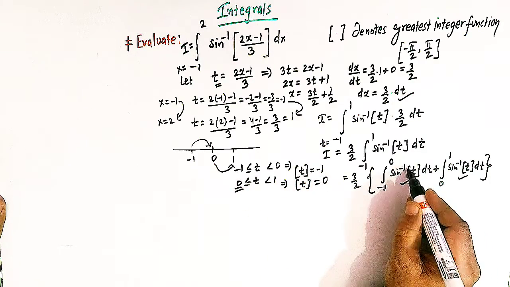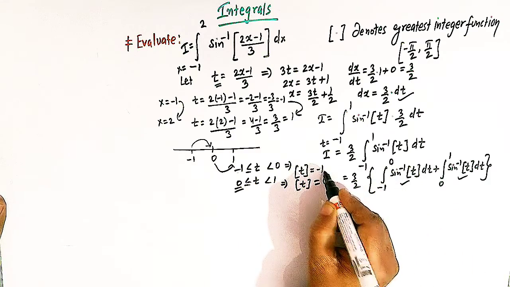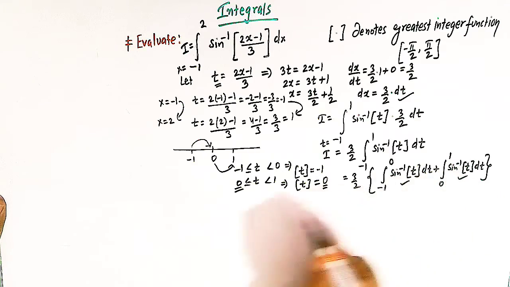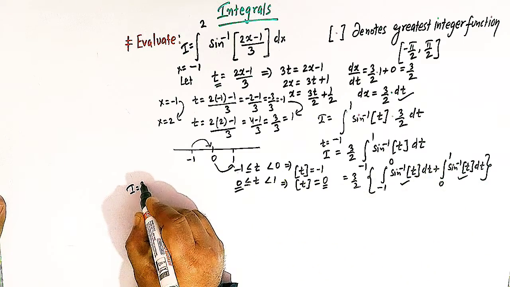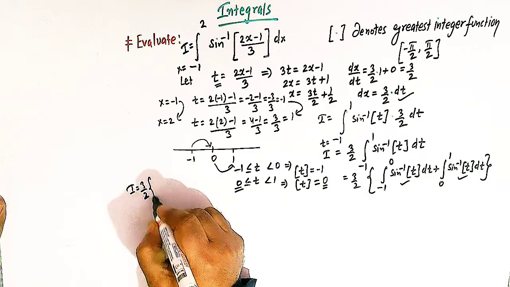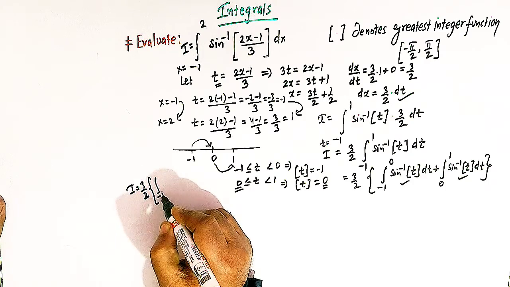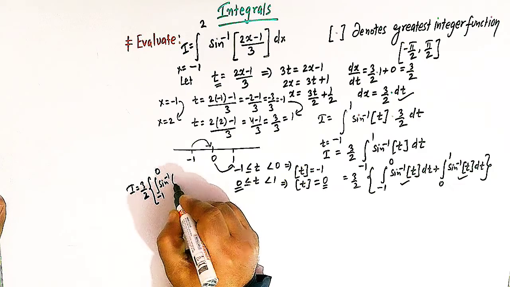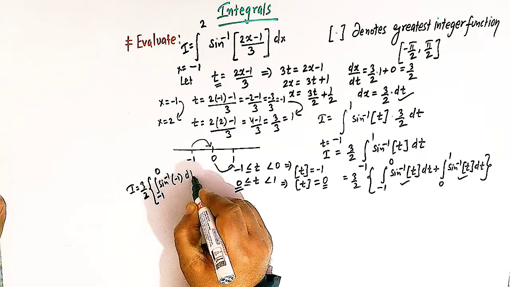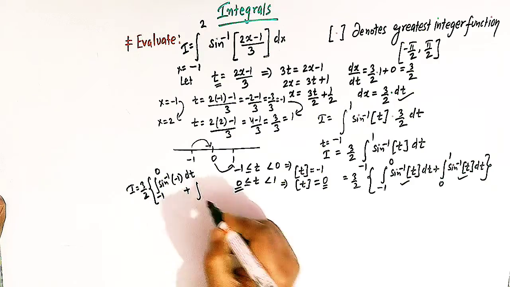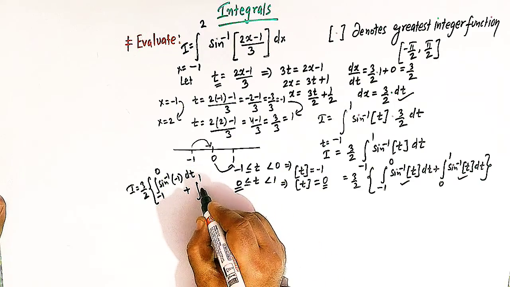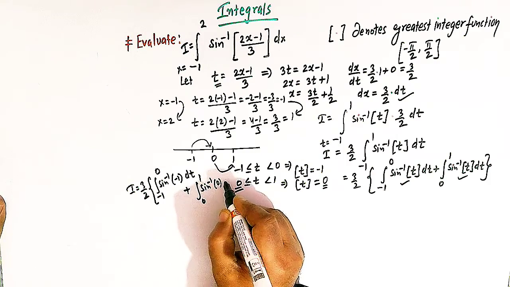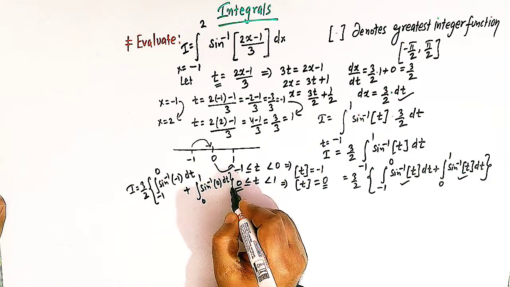So let us take greatest integer of t as -1 over here and 0 over here. Now I is 3/2 times the integral from -1 to 0 of sine inverse of -1 dt, plus the integral from 0 to 1 of sine inverse of 0 dt.